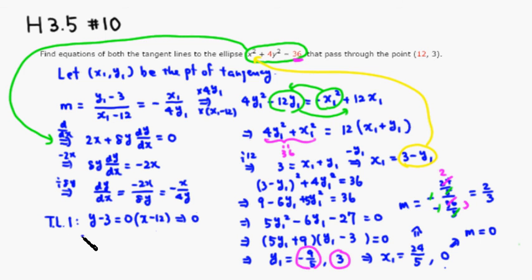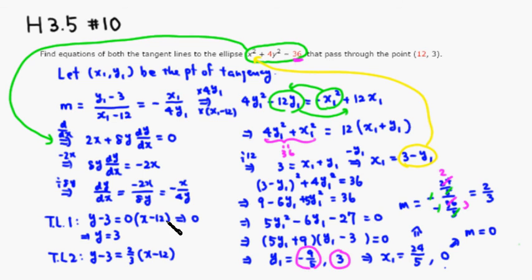And tangent line number 2, using the slope 2/3, is y minus 3 equals 2/3 times (x minus 12). So that's the second tangent line.